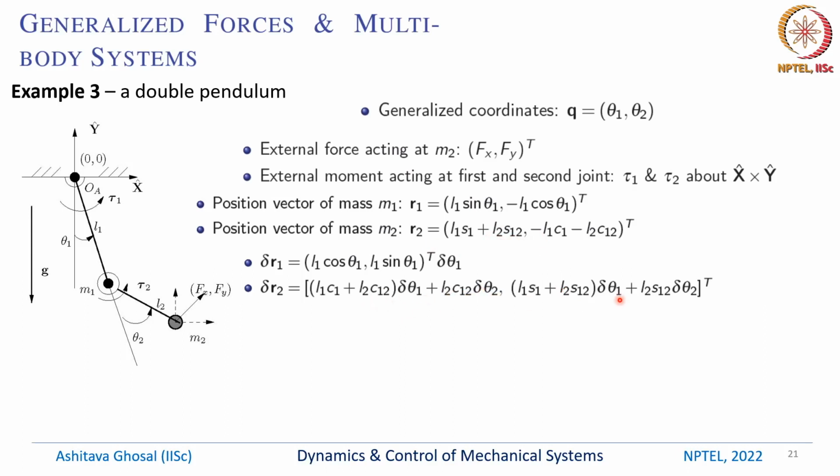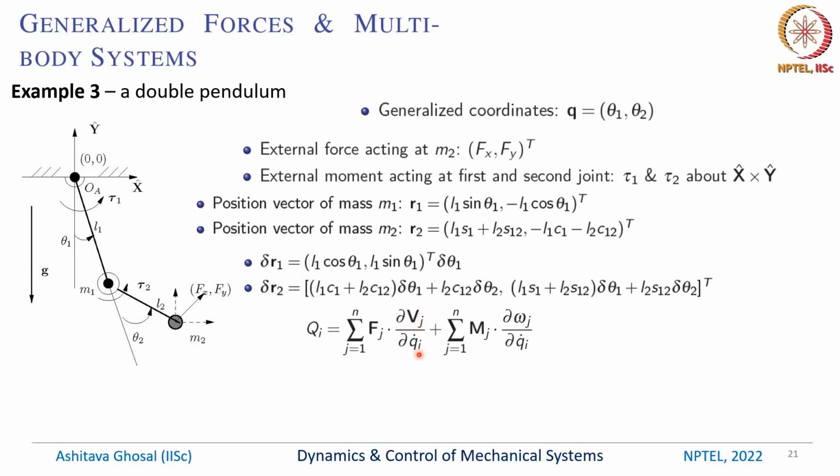For the y component, the derivative of cos θ1 becomes sin θ1 and the minus sign goes away, so we have (L1 sin θ1 + L2 sin(θ1 + θ2)) into delta θ1, and then L2 sin(θ1 + θ2) into delta θ2. So we have position vectors and we have the derivatives of the position vectors. The generalized force will be nothing but F dot the partial of this velocity.